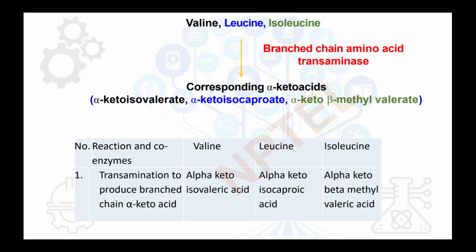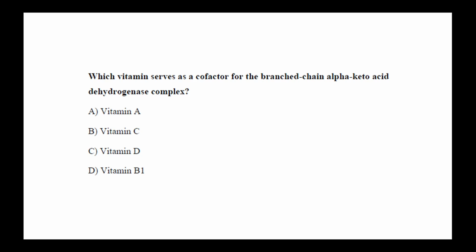The first three steps are common, and then the pathway bifurcates into three different steps. Valine goes through a different pathway, leucine goes through a different one, and isoleucine goes through another. I hope that's clear to you. Yes, ma'am. It's clear, ma'am, now. Okay.